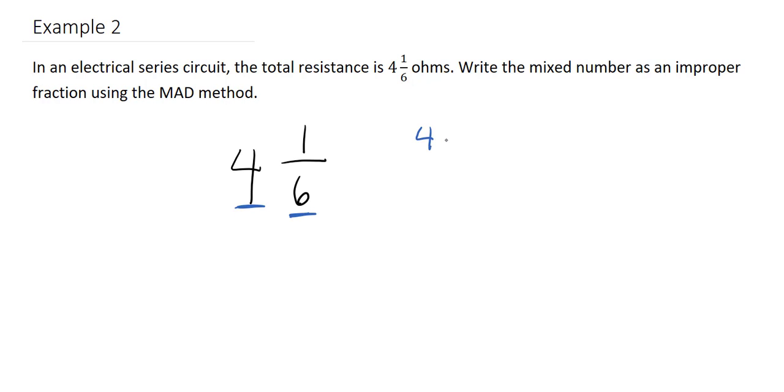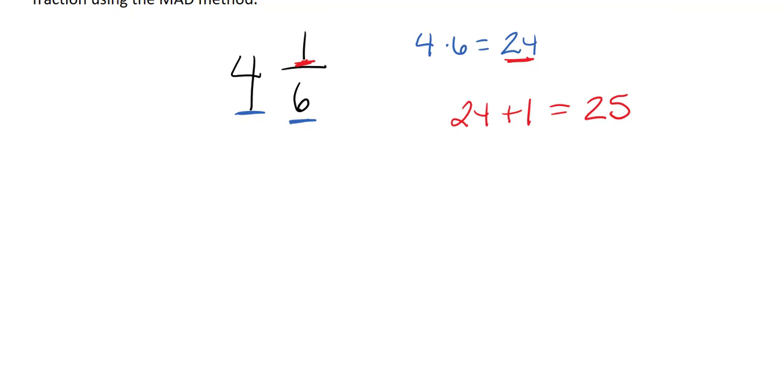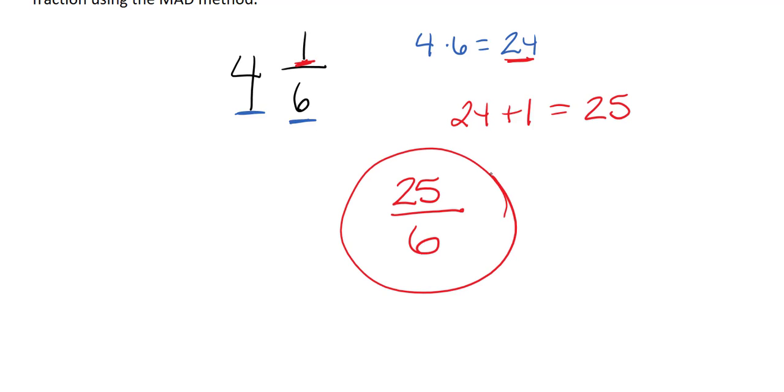So 4 times 6 is equal to 24. Then we go ahead and add this number with this number. So 24 plus 1, which is 25. So that is our new numerator. We're going to keep our denominator. So 25 over 6. And that would be our solution.